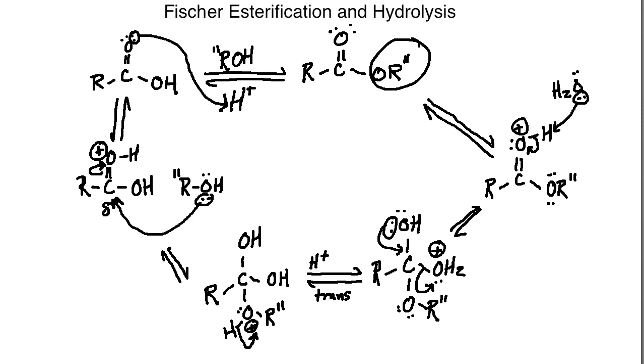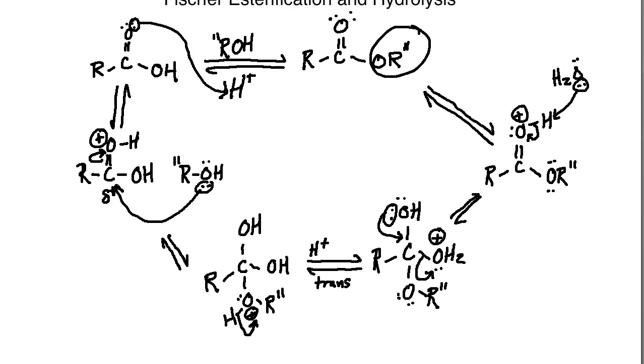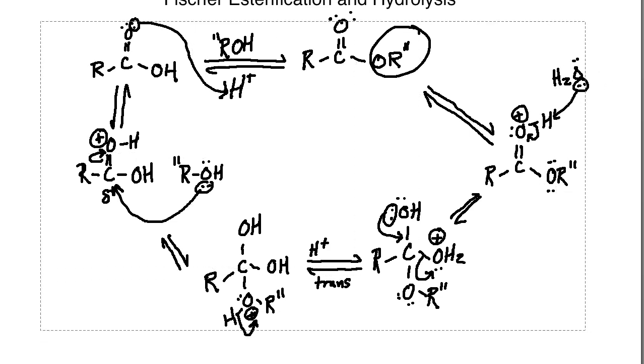Now, if you wanted to create the hydrolysis conditions, I'm not going to run through the whole mechanism because it's just the reverse of what we have here. But I will clear the board and show you the proper synthesis, which is what I was originally writing, and then I caught myself because we were doing the Fischer esterification. So what you just saw was the Fischer esterification. The hydrolysis is simply going to be the reverse of that.